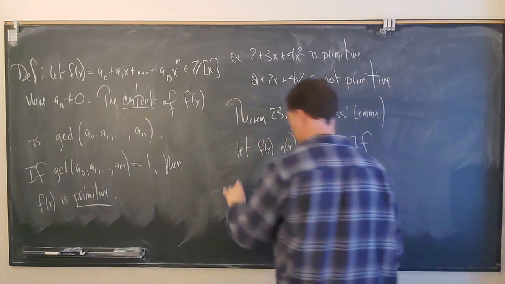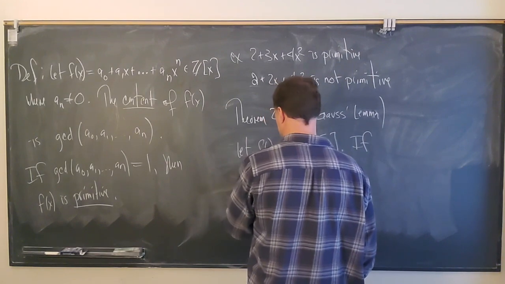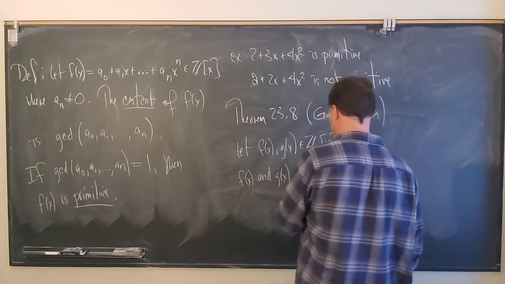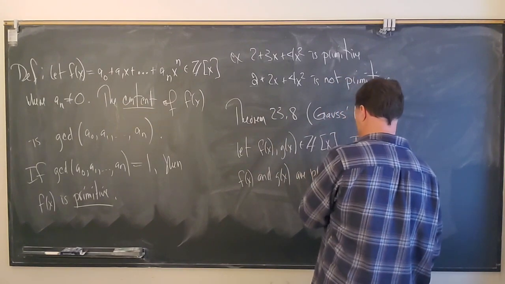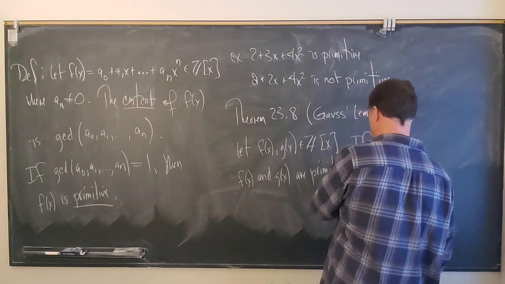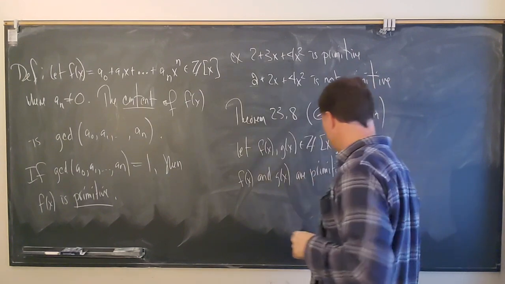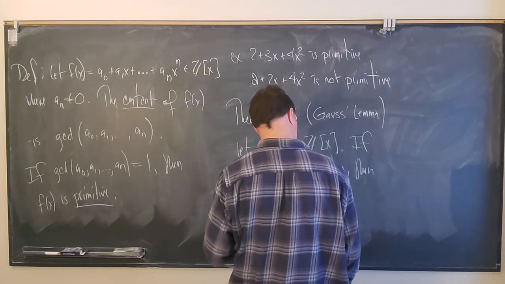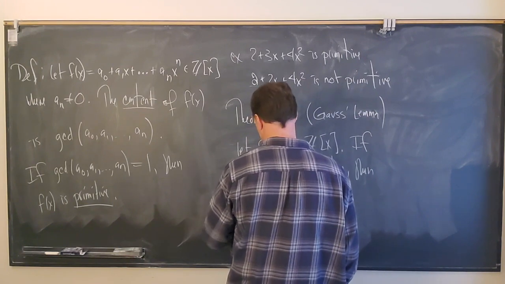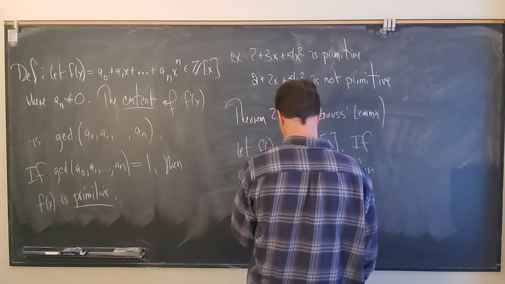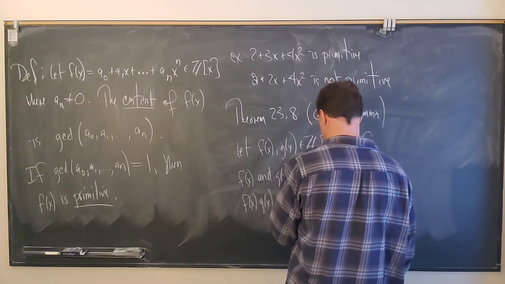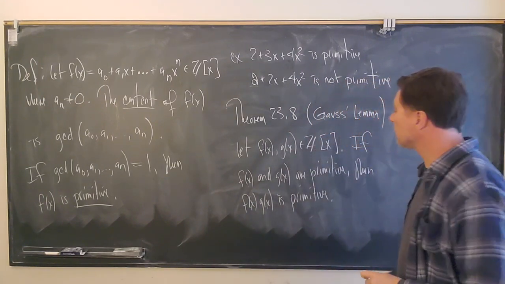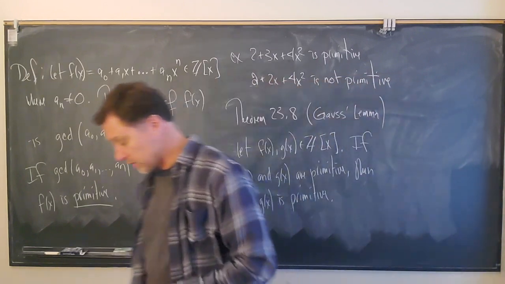If f of x and g of x are primitive, then so is their product. So then f of x times g of x is primitive. What this theorem says is the product of primitive polynomials is primitive.